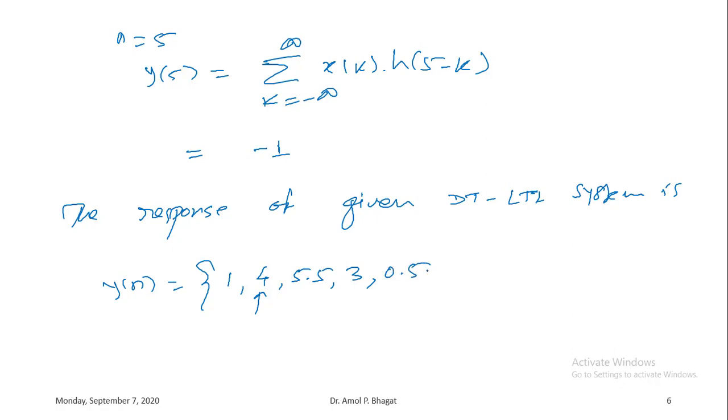So 0.5, 0.5, and last value is minus 1. Okay. So this will be the required response of the system. Okay. So 1, 4, 5.5, then 3, 0.5, 0.5, minus 1.